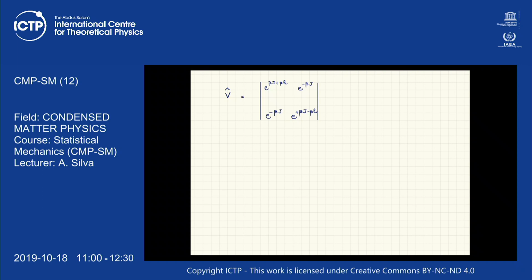And now you see that if I do this, then my partition function Z, according to what I wrote before, can be just written as the trace of V to the power n. Okay? So V is what is called the transfer matrix. Why the transfer matrix?